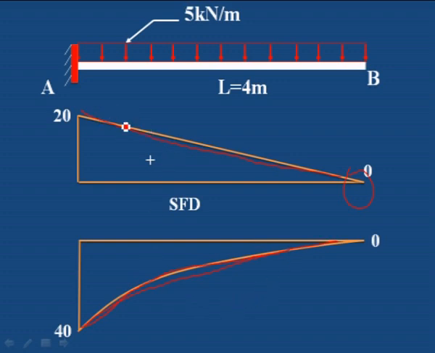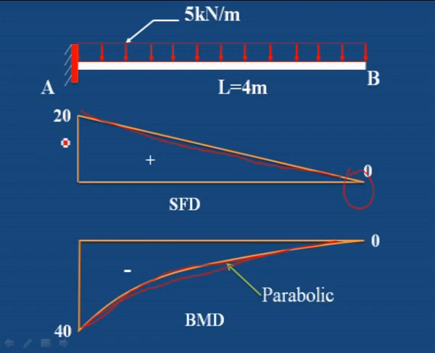The shear force diagram should be an inclined line. This is the bending moment and shear force diagram for the beam carrying a uniformly distributed load. You should not draw a straight line when the UDL is given in the bending moment diagram. Okay, this is one simple case in which the uniformly distributed load is acting throughout its span.